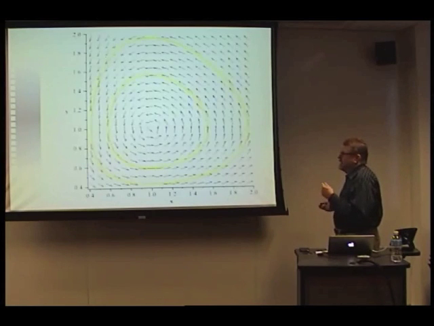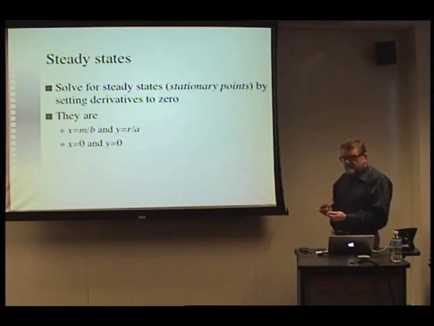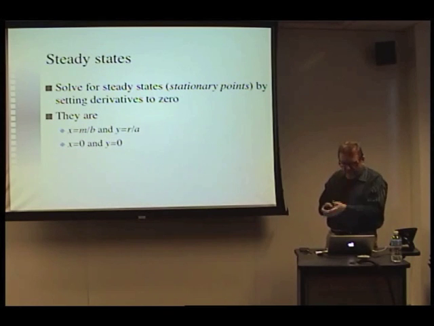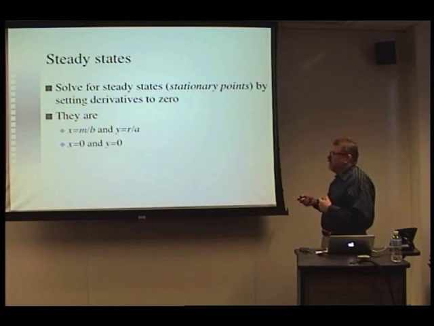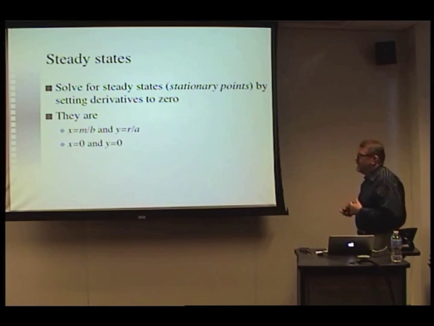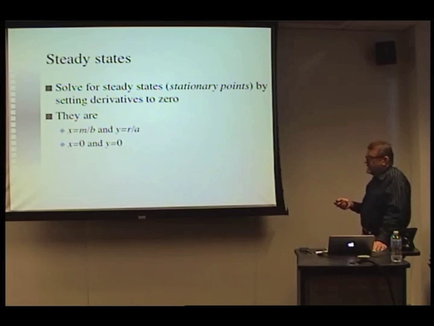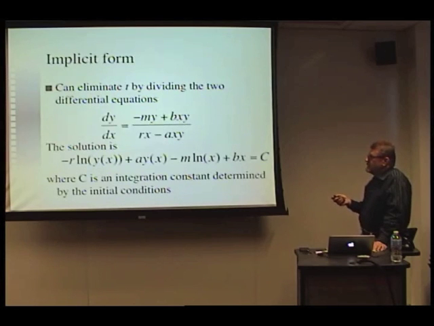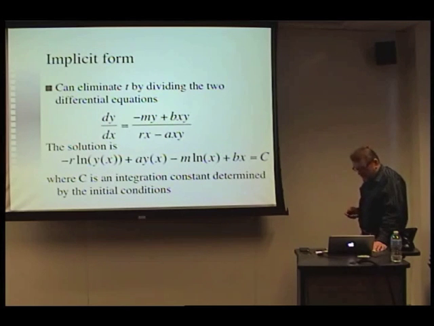So we can set the derivatives themselves to 0, which is the same as saying that the value of that variable is not changing. And we set them to 0 and solve for the values of x and y. The steady state solution would be x equals m over b and y equals r over a, and the other steady state is x and y equals 0, which you can see from here. All right? So whenever y is 0, the rate of change of y is 0. Whenever x is 0, the rate of change of x is 0.